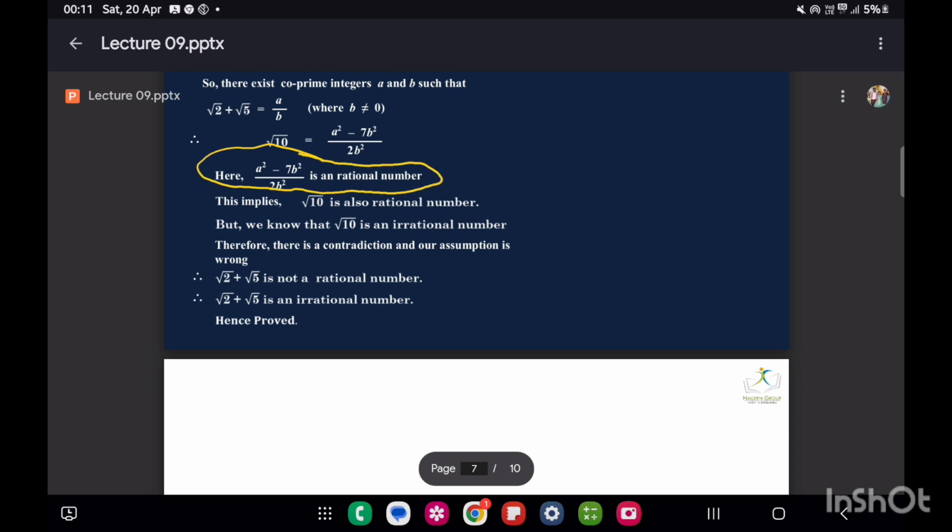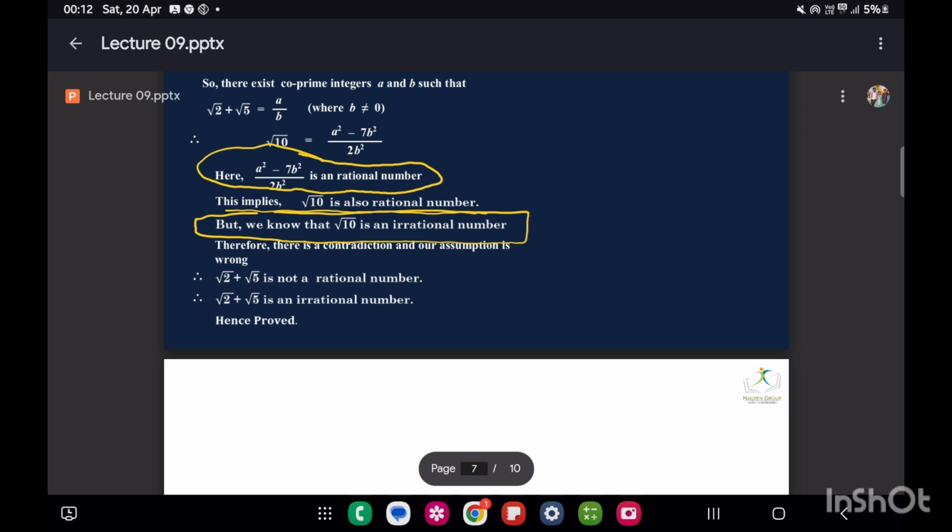According to the question, we have assumed that root 5 plus root 2 is rational. Like that only we have taken this one, a square minus 7b square divided by 2b square is a rational number. This implies that root 10 is also a rational number. But already we know that root 10 is an irrational number.